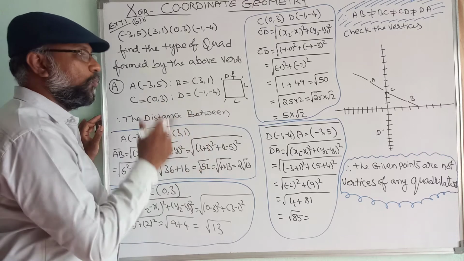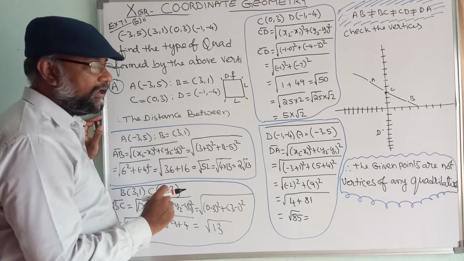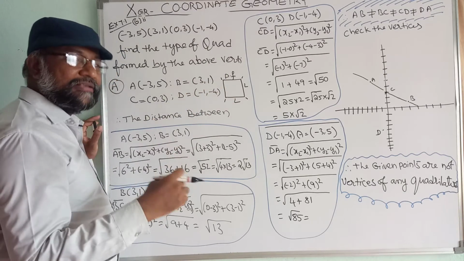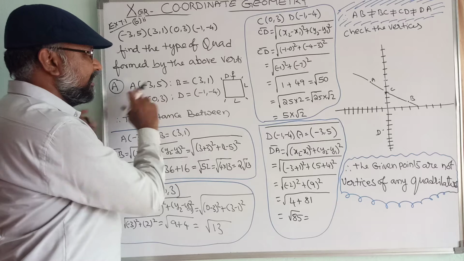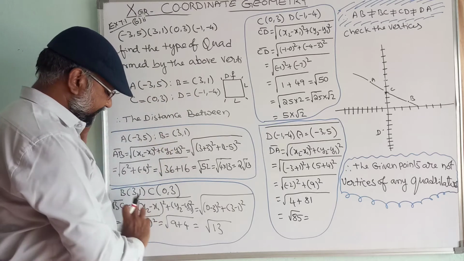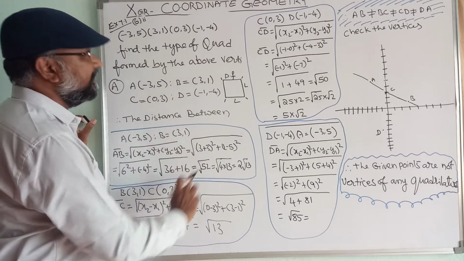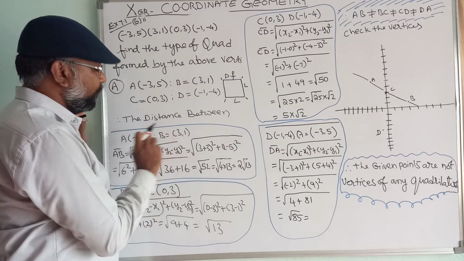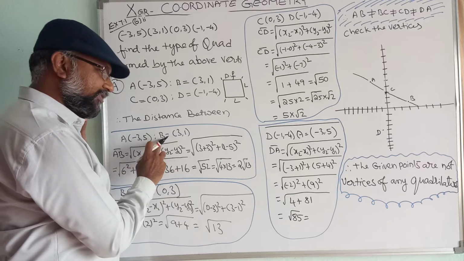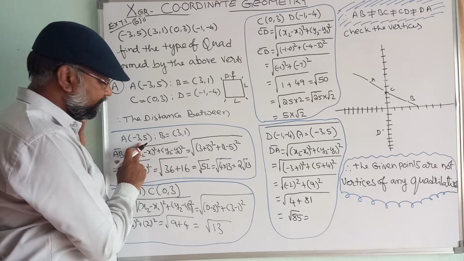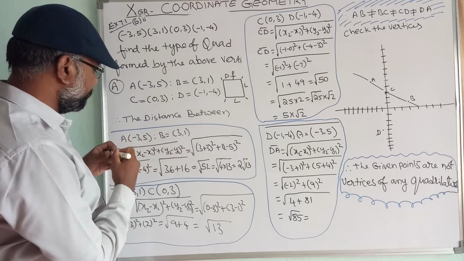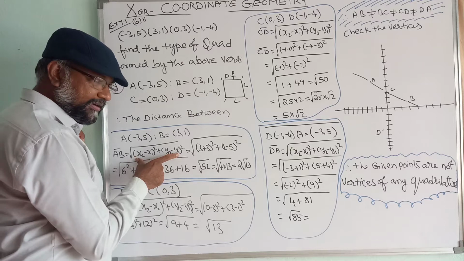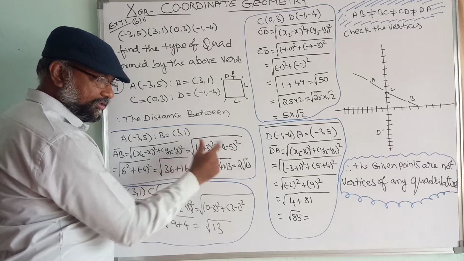In this way, we are going to find the length of the 4 sides, like a cyclic quadrilateral: AB, BC, CD, DA. Is it clear? First we will find the length of AB. Take the point A, take the coordinate point B, and we have the distance formula. Write the distance formula, substitute.